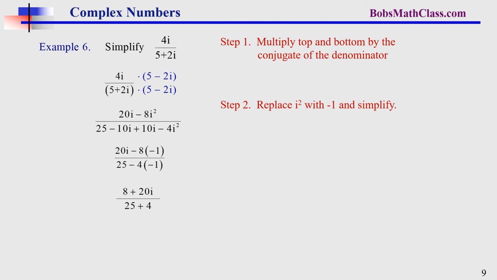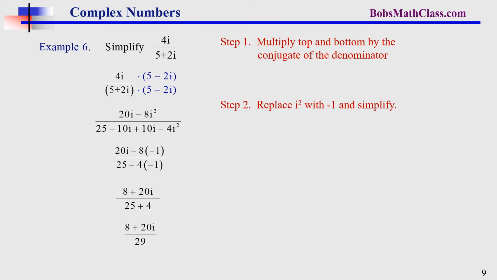It's the sum of two squares, right? a squared plus b squared. There's no i's left over. So that gives us 29. Also notice that I put the i second because the i needs to be last. So we have 8 plus 20i over 29.